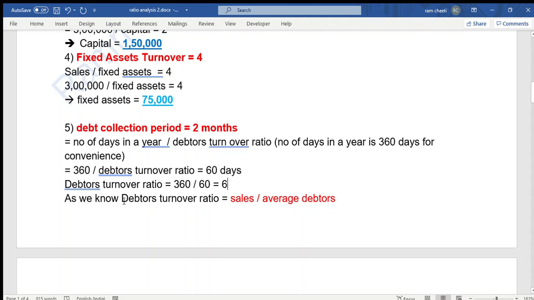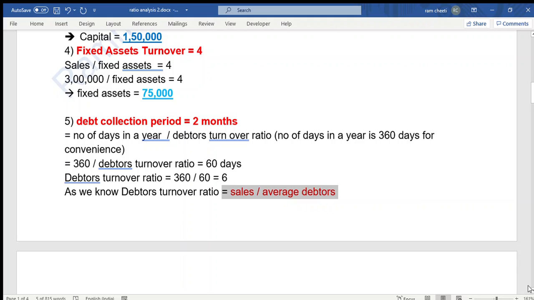And we know some other formula like debtors turnover ratio is equal to sales divided by average debtors. So it's like solving a simple puzzle. We are supplied with debt collection period. From debt collection period we are calculating debtors turnover ratio, and from debtors turnover ratio we are going to calculate average debtors.